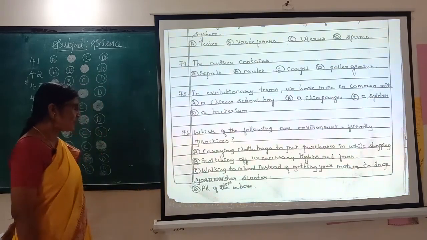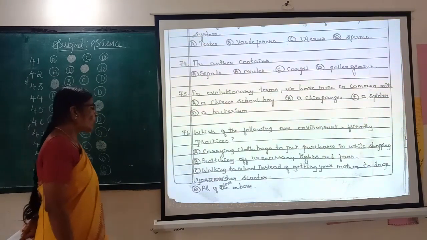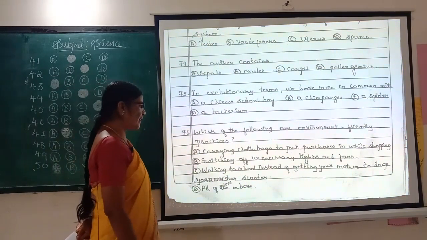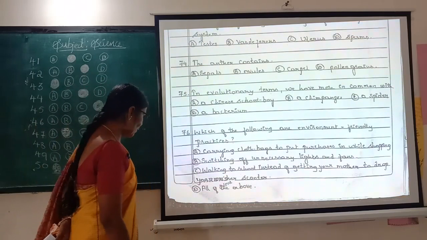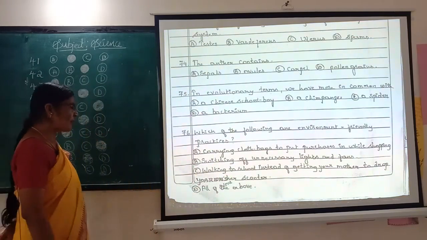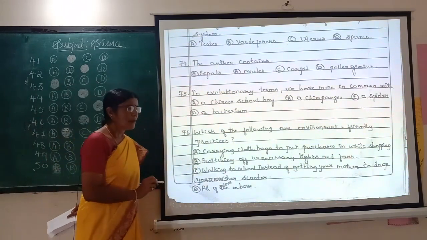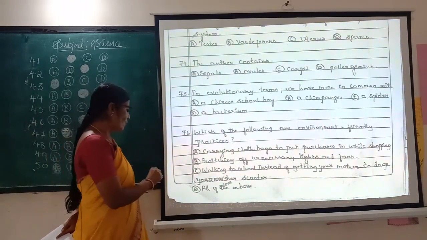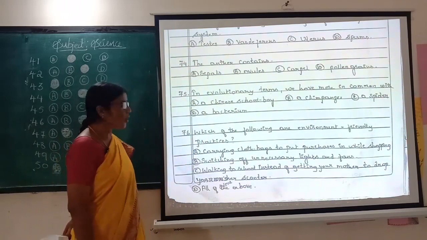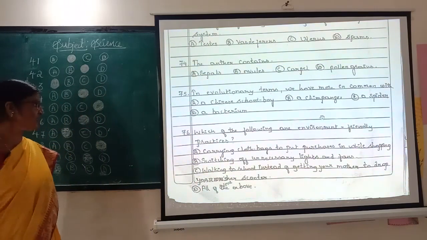Option B, switching off unnecessary lights and fans. Option C, walking to school instead of getting your mother to drop you on her scooter. Option D, all of the above. If you see options A, B and C, all the three are correct. So we'll go for option D, all of the above is the right answer for the 76th question.